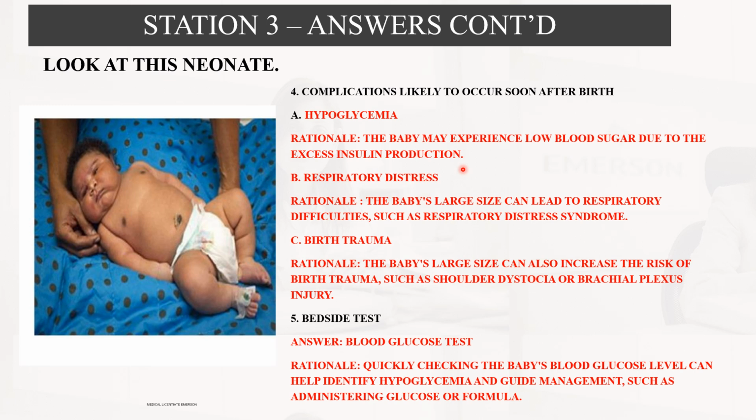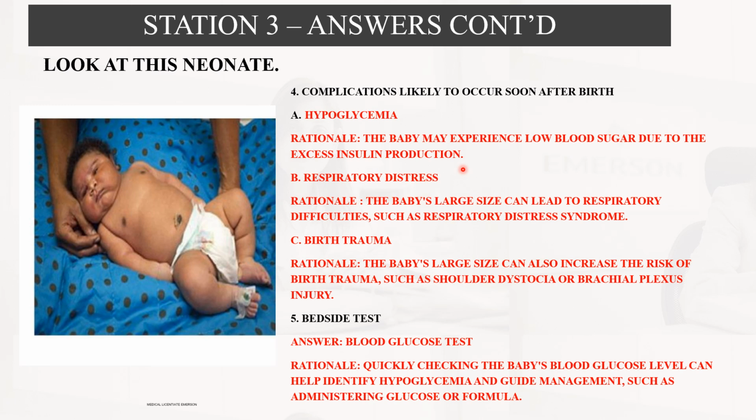Even if someone has hyperglycemia, the cells are starving for energy, so the body produces a lot of insulin. Now even when the child is born, the child also gets some of the insulin from the mother, so the child is born with hyperinsulinemia, meaning the child has a lot of insulin in the blood as well.